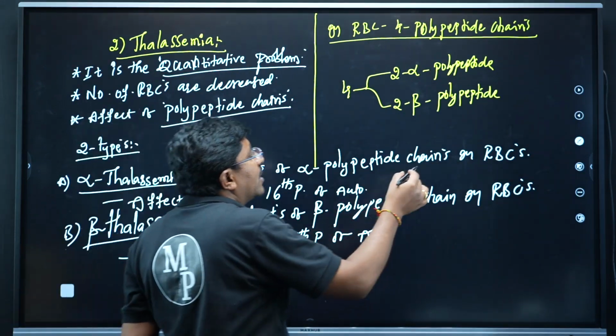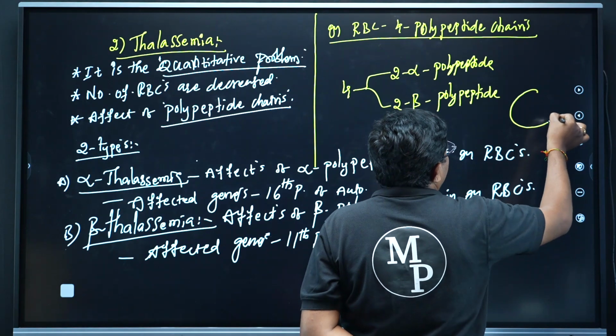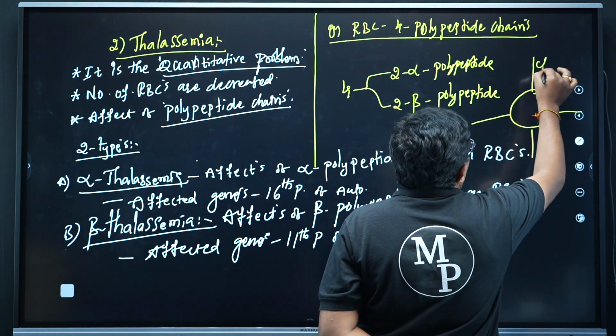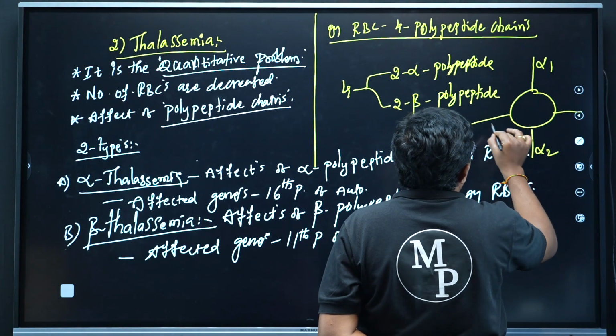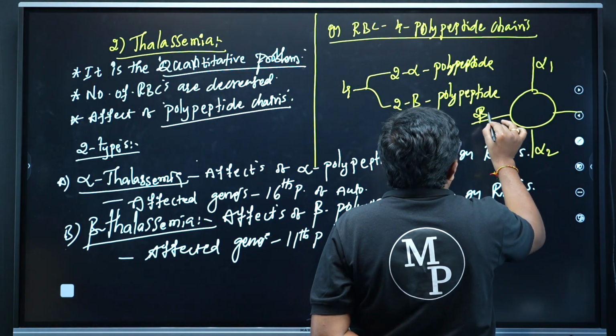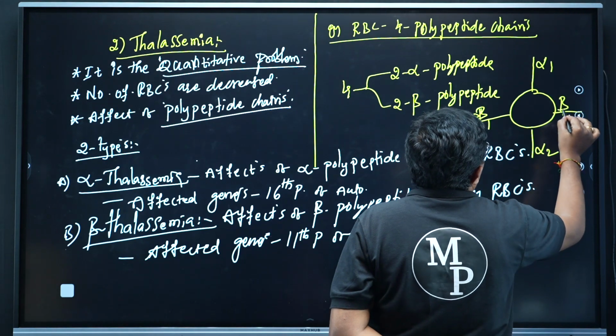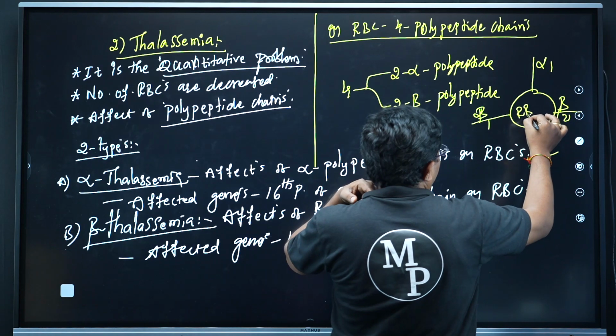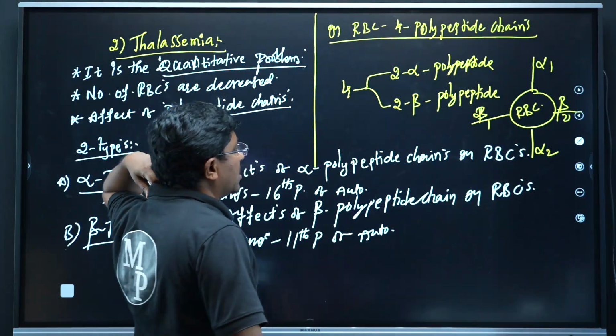Okay, so generally it is the RBC structure. Here it is alpha 1, alpha 2 and beta 1 and beta 2.